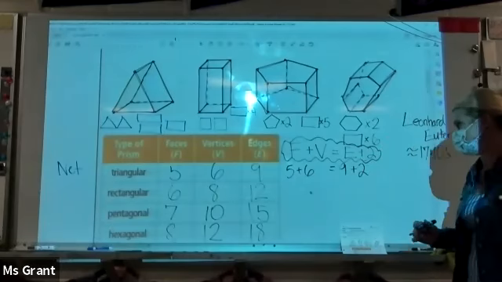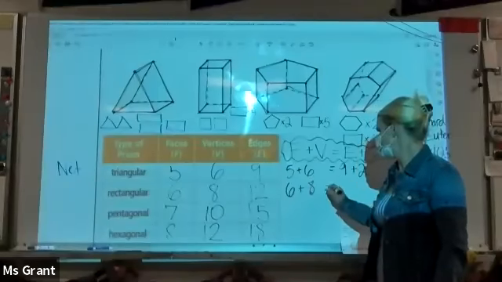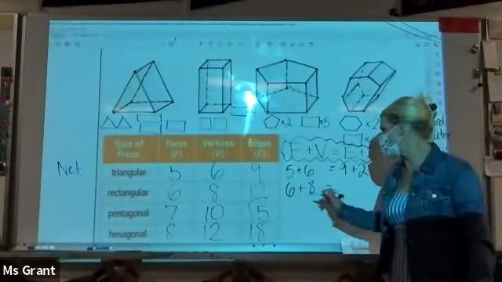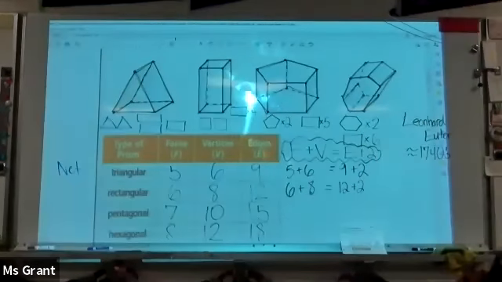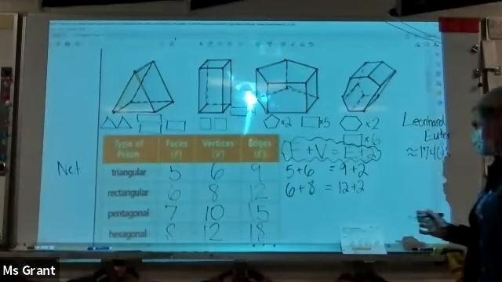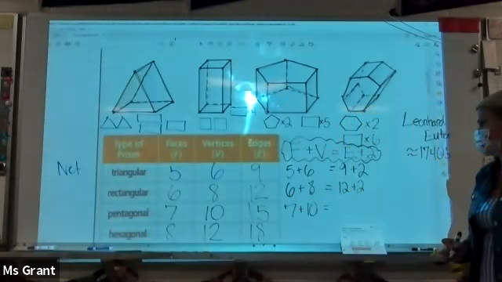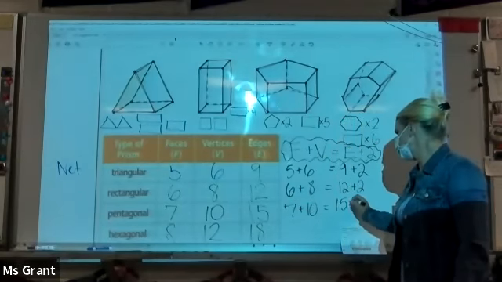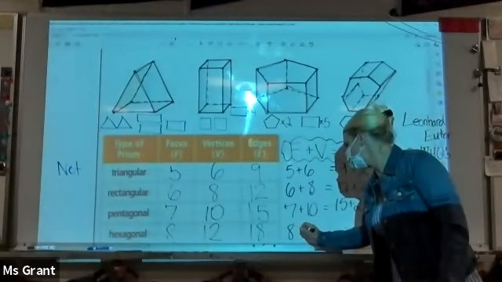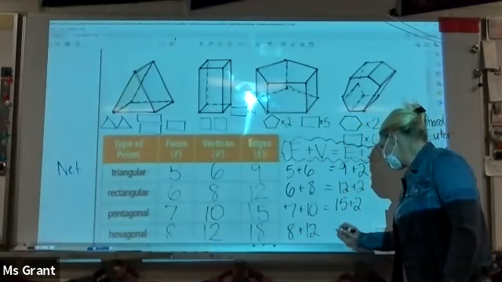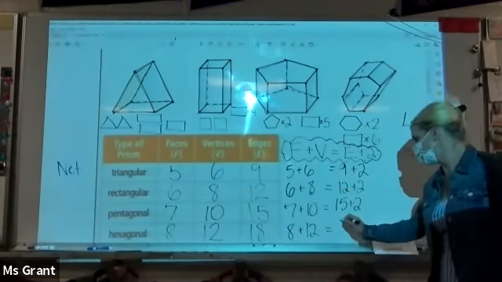So I'm going to go through them. 6 rectangular prism, 6 plus 8 equals my edges 12 plus 2. 7 plus 10 equals my 15 plus 2, right? 8 plus 12 equals my 18 plus 2.